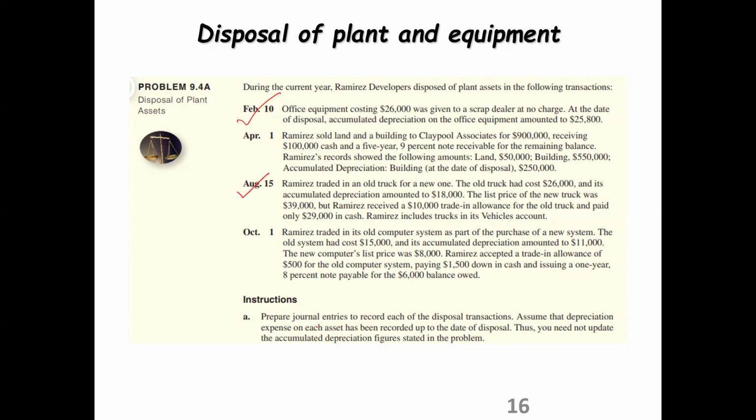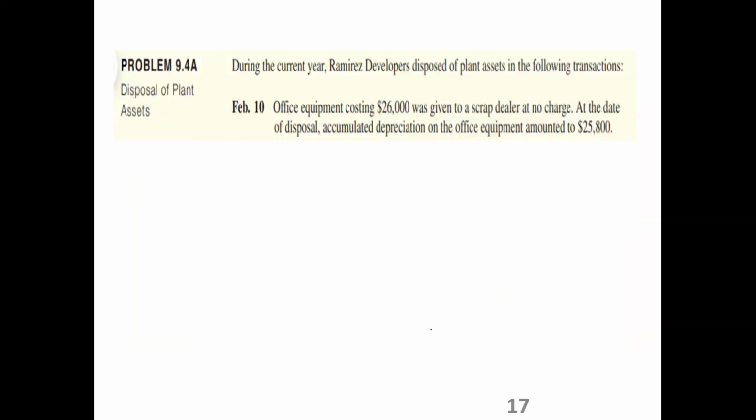The instruction says prepare journal entries to record each of the disposals. Assume that the depreciation on each asset has been recorded up to the date of disposal. Thus, you need not update accumulated depreciation figures stated in the problem.